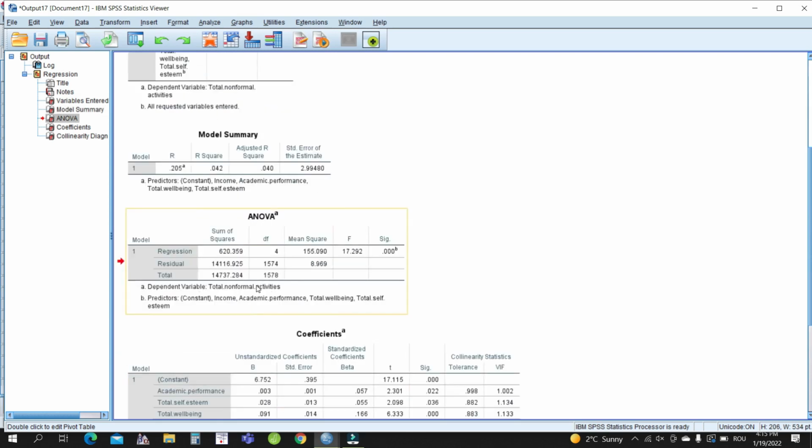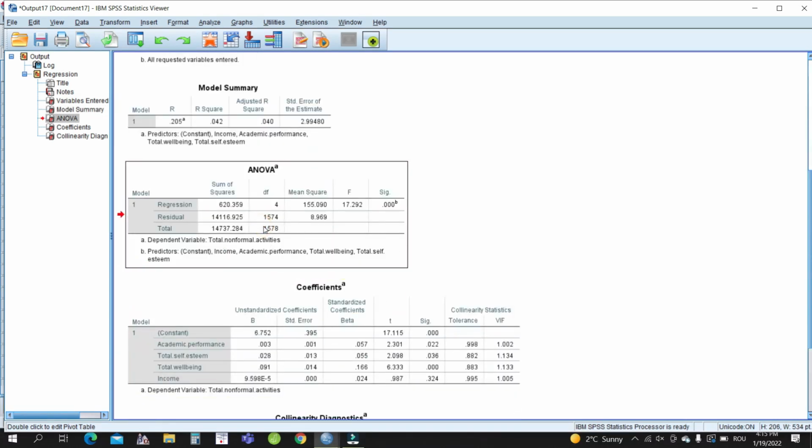In the third table, called ANOVA, there is another way of expressing how good our model is. As I have already explained in the previous presentation, the F value is the ratio between the explained variance, which is R squared, and the unexplained variance, which is 1 minus R squared.